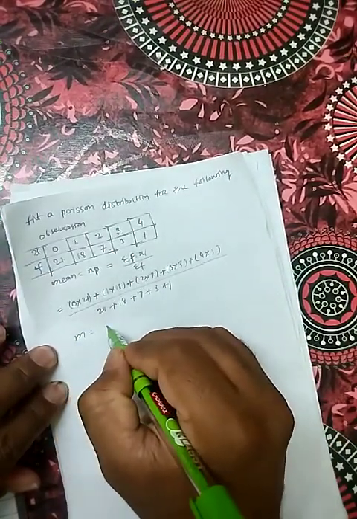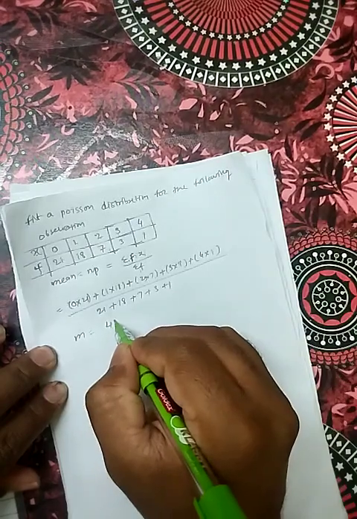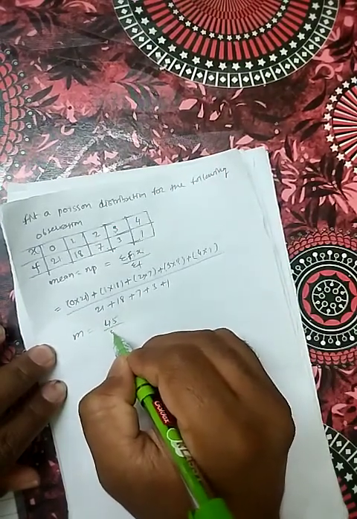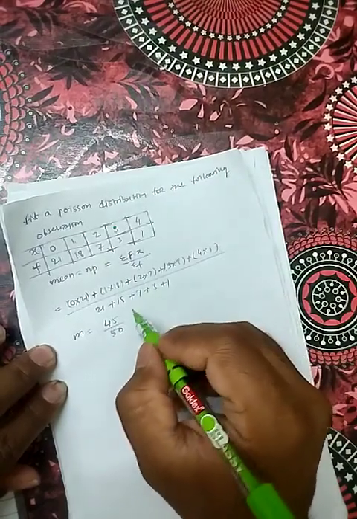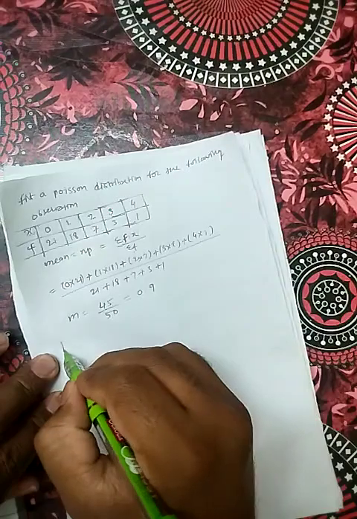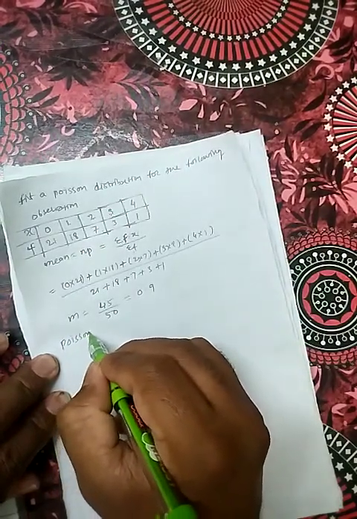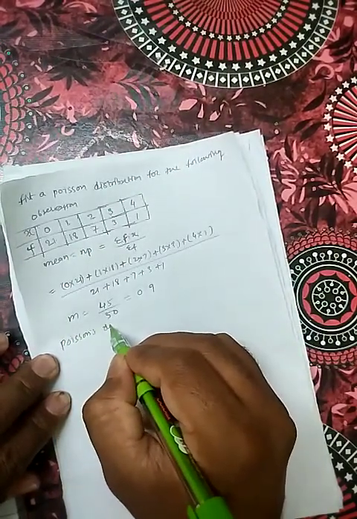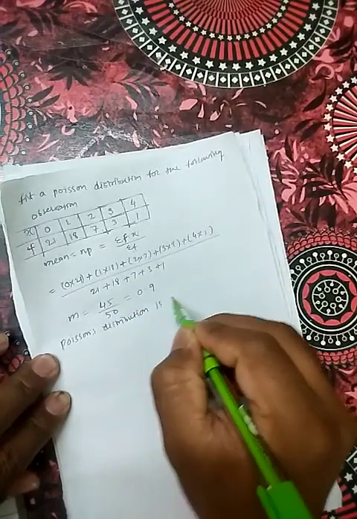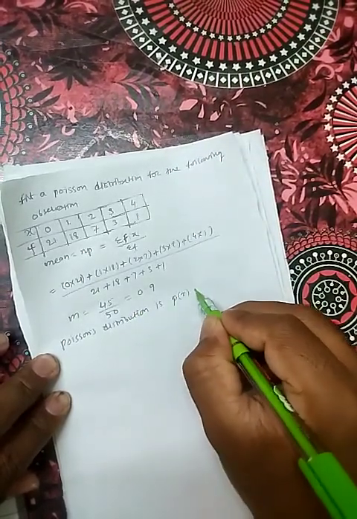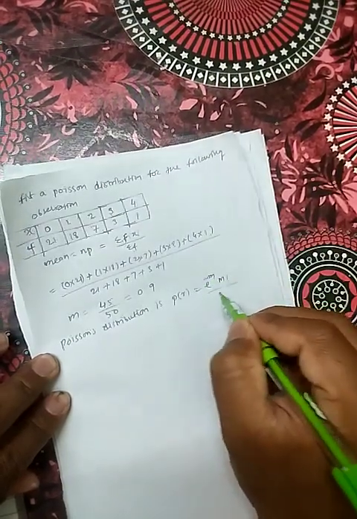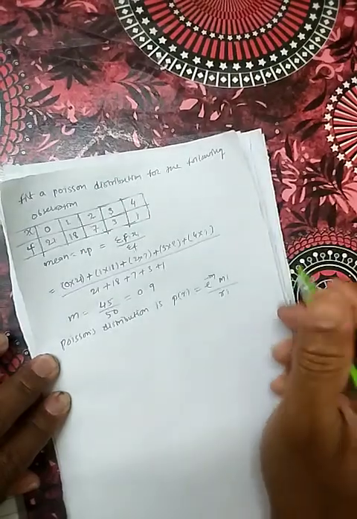So m is equal to 45 divided by 50, equals 0.9. So the Poisson distribution is P(r) equal to e^(-m) m^r upon r factorial.